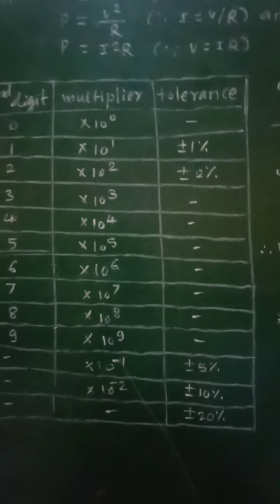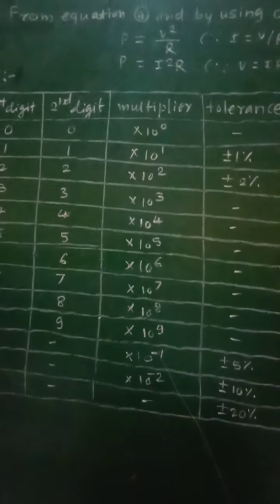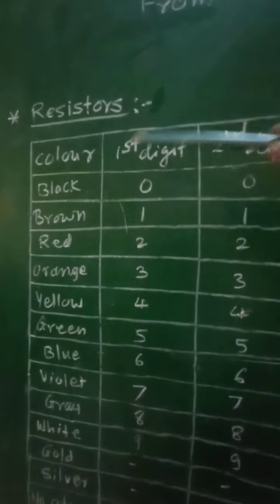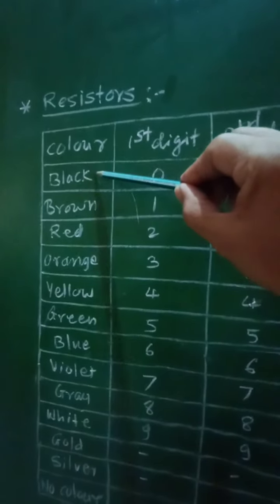So in order to find out the value of resistances by using the color code method, this table must be remembered, and in order to remember this table, one more statement will be stated on how to remember these colors.